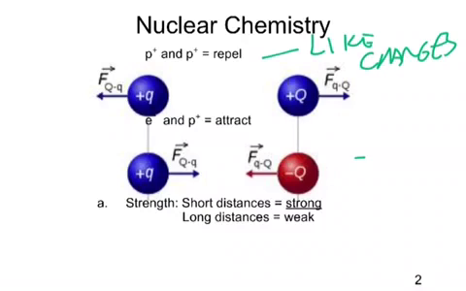These like charges are going to repel. Two protons would repel one another. The forces would try to push each other apart. Two electrons would repel one another because they're like charges. They would try to push each other apart.